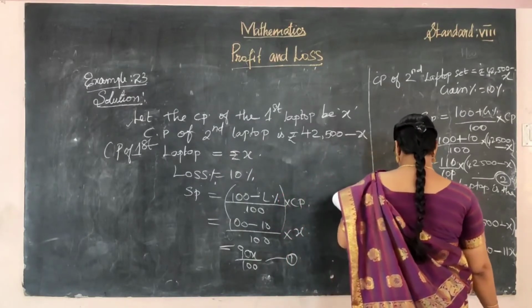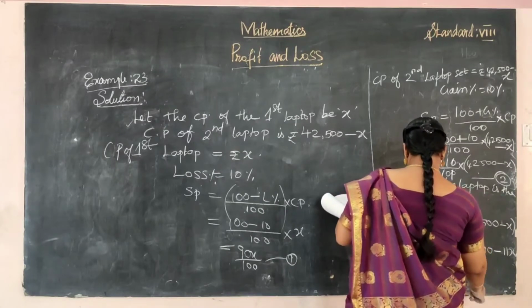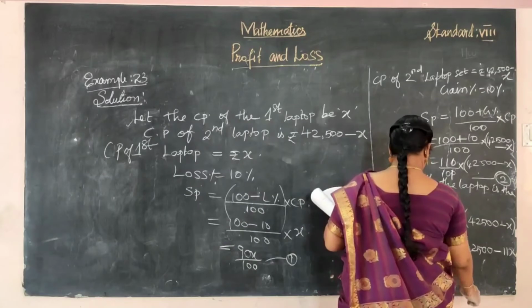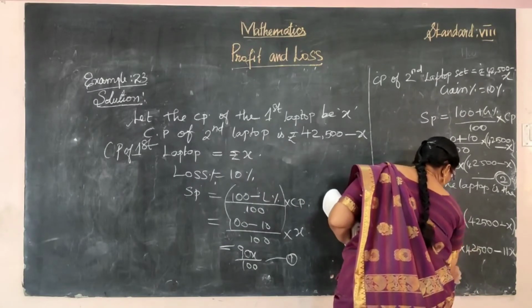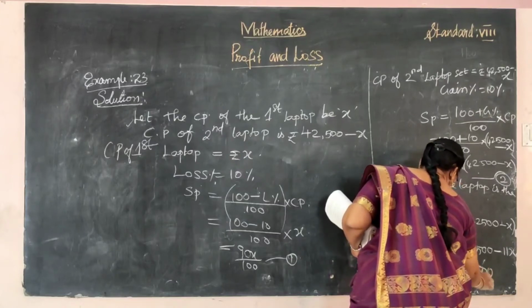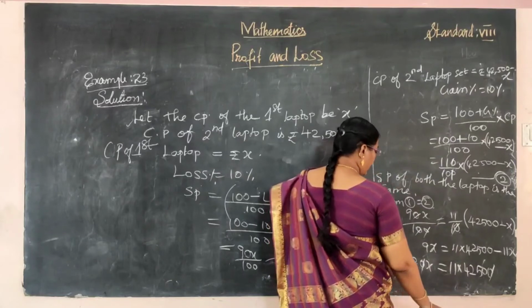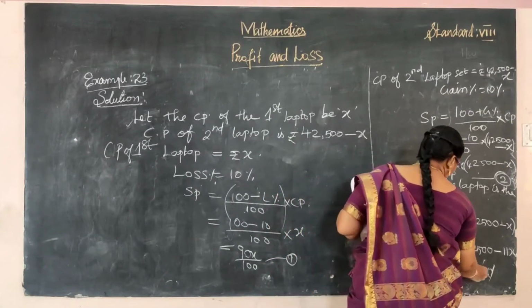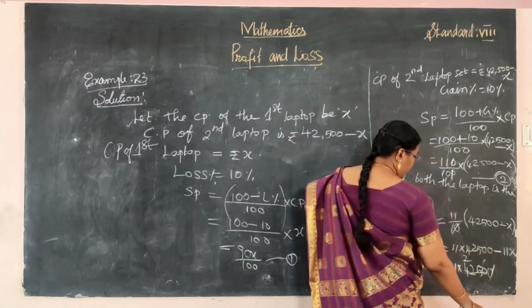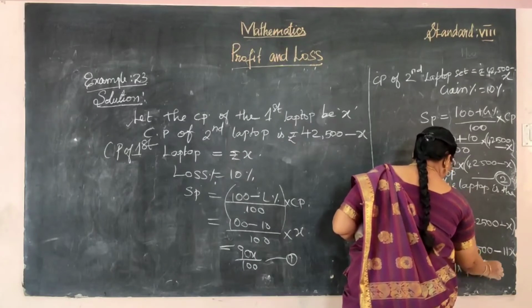We can cancel the zeros here, is it? After multiplying, the zeros will cancel, 2 divided by 2, 2 1s are 2, 2 2s are 4, 2 5s are.